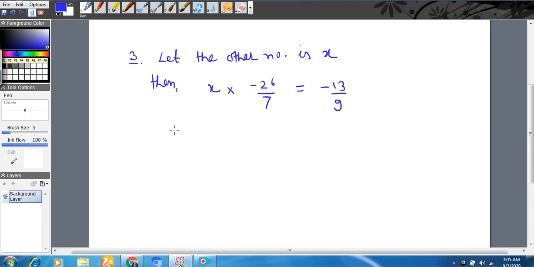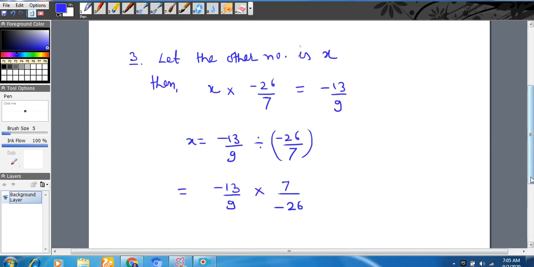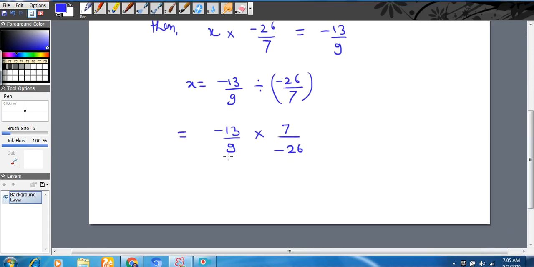So x will be minus 13 upon 9 divided by minus 26 upon 7, and it is minus 13 upon 9 converted into multiply. Okay, write the reciprocal of the next fraction, that is the divisor.